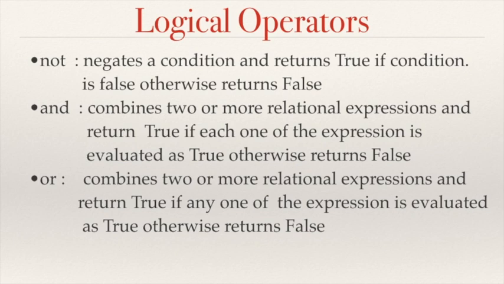In Python, we have three basic types of logical operators, and they are not, and, or. The not operator's task is to invert any logic to its opposite logic. That is, not makes a check false if it is standing to be true, and vice versa.